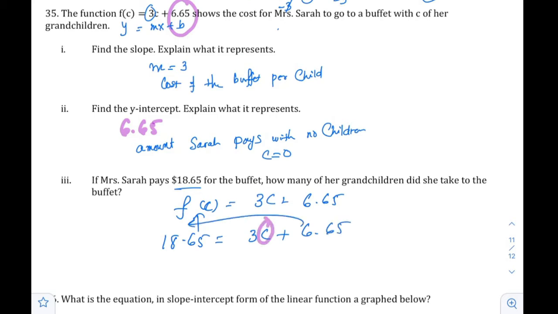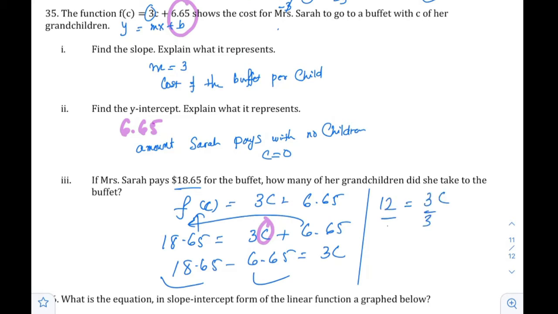Taking this to the other side, isolate the c, evaluating. 18 minus 6 is 12 equals 3c. Divide by 3, so c is 4. So the number of grandchildren is 4. We have 4 children.